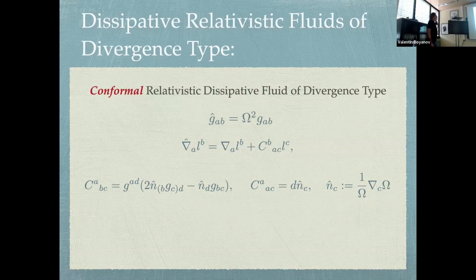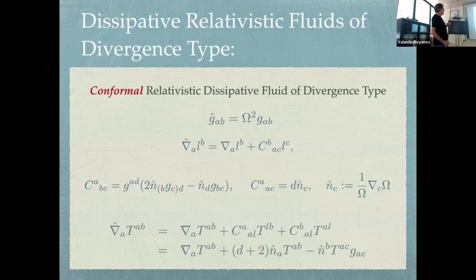So what we looked at was the conformal class. Going to the conformal class means that we change the metric by a conformal factor, a positive function. The connections between these two are related this way. For instance, if we take the divergence of T in one of the connections, a calculation gives you this.